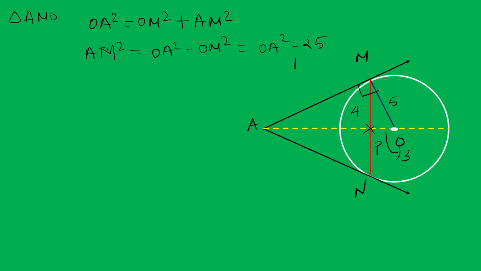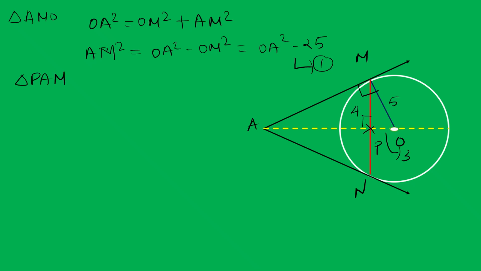So let this be equation 1. And now radius will always be perpendicular to the chord. Here the radius, the yellow dotted line from up till here is the radius, and this MN is a chord, so it will be perpendicular to the chord, and we get this angle as 90 degree, which makes triangle PAM a right angled triangle.